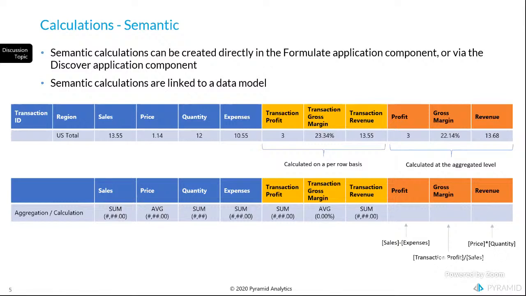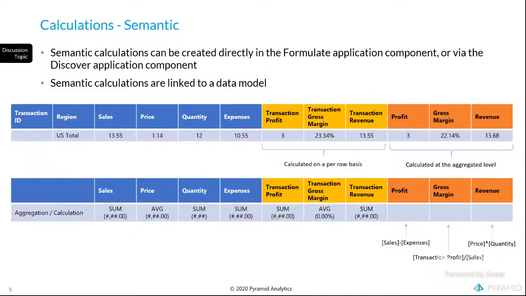So in this case, as we see, my transaction profit, transaction gross margin, transaction revenue can be calculated at the row level, and my model will aggregate those as I look at it by country, by time, by product. My profit values, though, I can define can be calculated at the aggregate level.